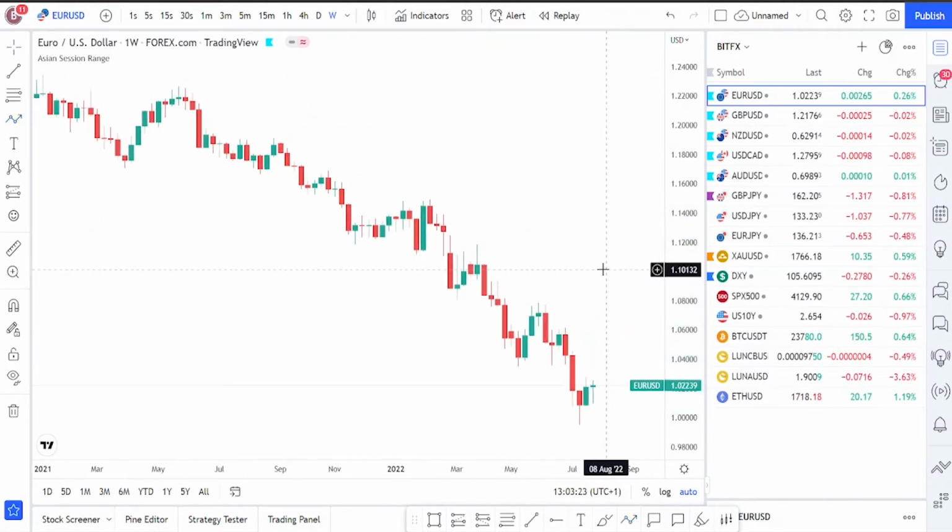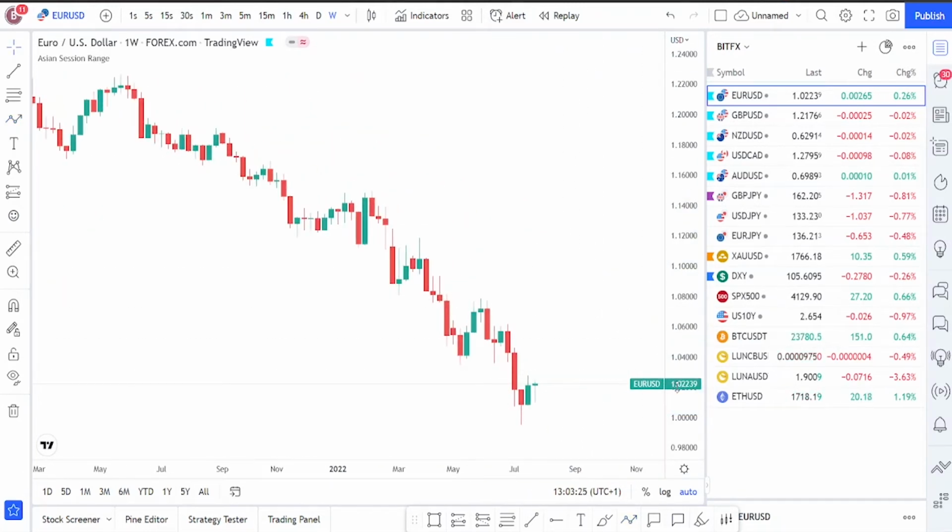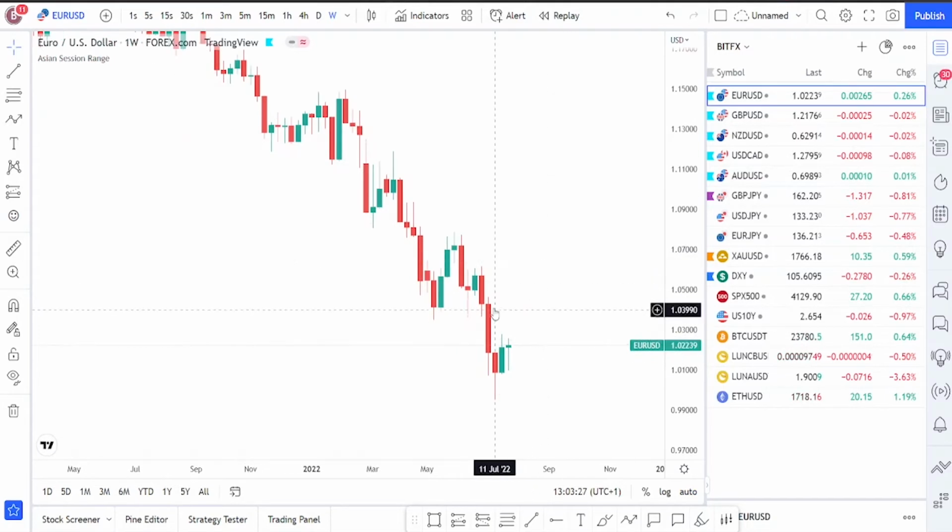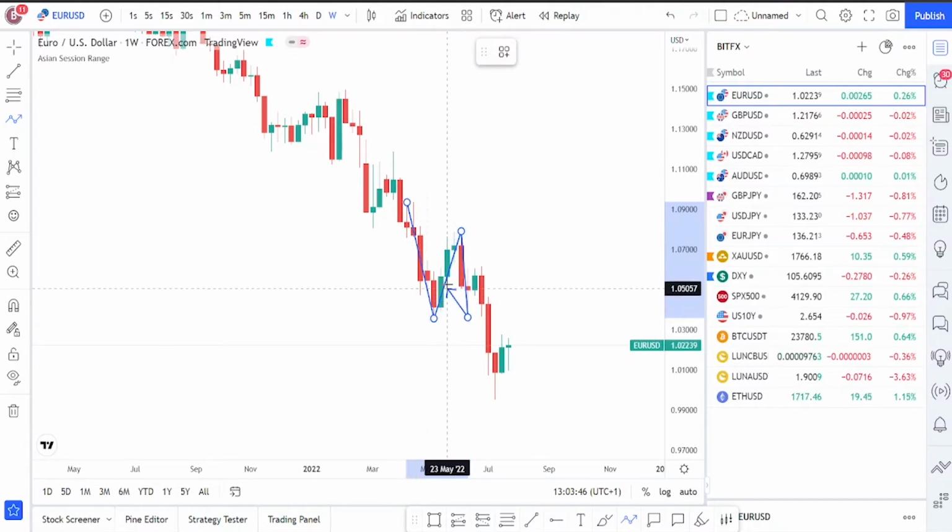Now a strong area to monitor on Euro USD on the weekly time frame is this order block right here. Now why is this important? If you see, Euro USD create this lower low, then create this push up, then made a leg down. Now this leg failed to break the low, so this push failed to break the previous lower low.